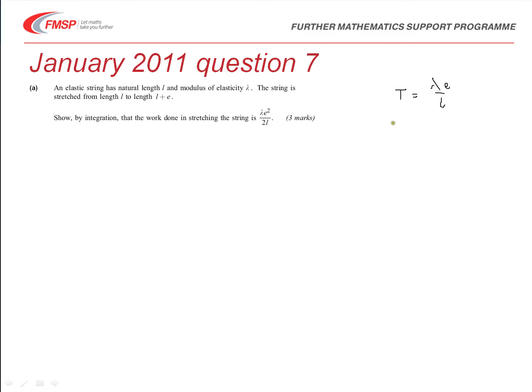So we need to consider what happens if we have something of natural length L and we extend it a distance x, so the initial extension is 0 and we extend it to a point where x is equal to E. We have to work out the work done as we stretch the string from an extension of 0 to an extension of E.